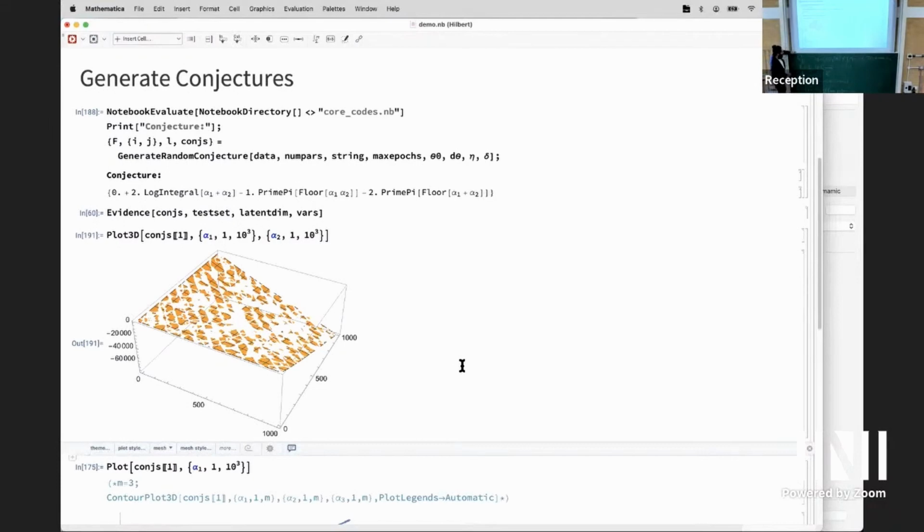So this is the log integral of x plus 1 try for that, minus phi of x times y, minus twice phi of x plus y.